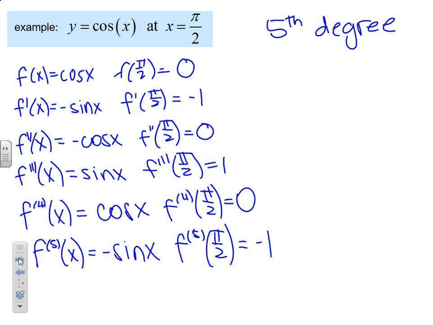So our polynomial is 0 plus negative 1 times x plus 0x squared plus 1 over 3 factorial. Oh, it's not x, is it?